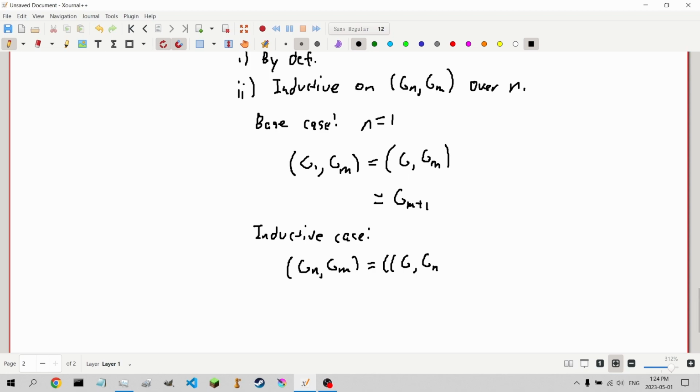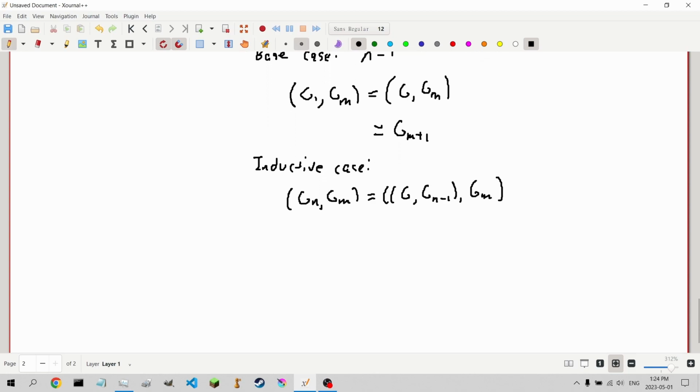We can expand Gn out to be the commutator of G and Gn minus 1 with Gm, which, as we saw before, is going to be inside the product of the commutator of G and the commutator of Gn minus 1 with Gm, and the other version is the commutator of Gn minus 1 with G and Gm.